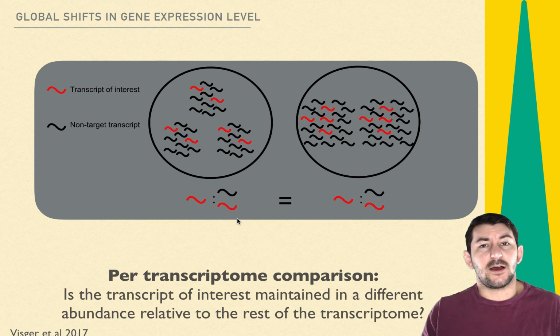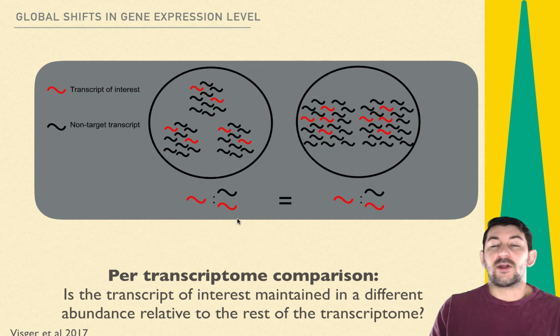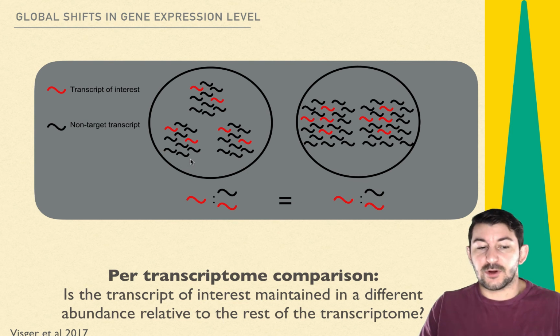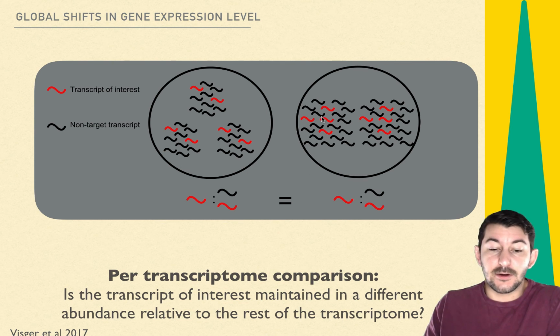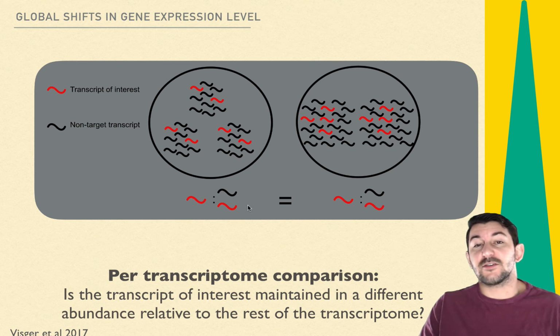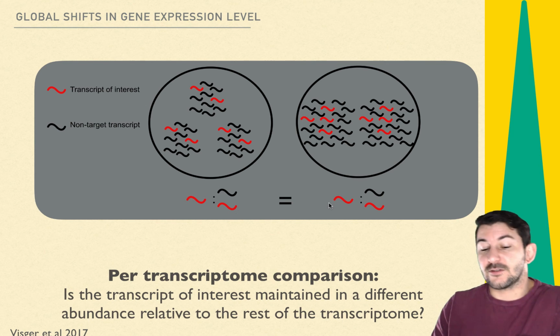And I call this, and others call this, a per transcriptome comparison, because we're comparing whether the difference of this red relative to the rest of the transcriptome, so red per transcriptome, is changing. And here, it's not changing because there are two for this pool, and this pool is twice as large, and there's twice as many for this pool. So there is no significant difference per transcriptome in this example.